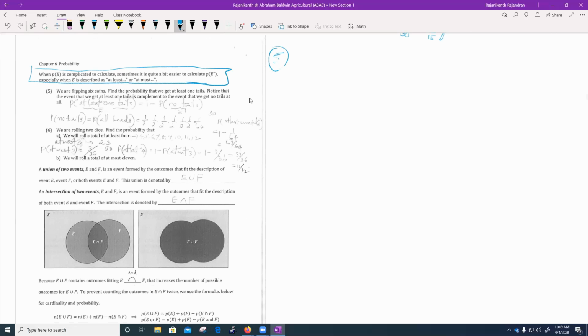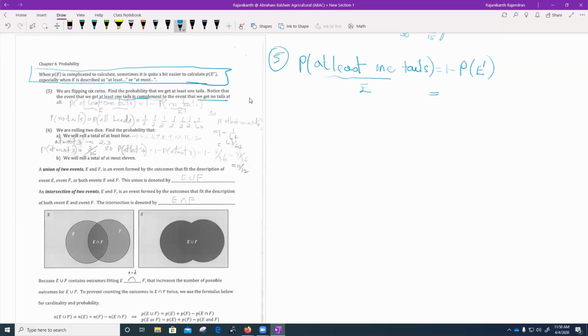Okay, so look at number 5. We are flipping 6 coins. Find the probability that we get at least one tail. Notice that the event that we get at least one tail is complement to the event we got none. What does that mean? You are asked to find the probability of getting at least one tail. If this is my event E, the formula says the probability of E is one minus the probability of its complement.